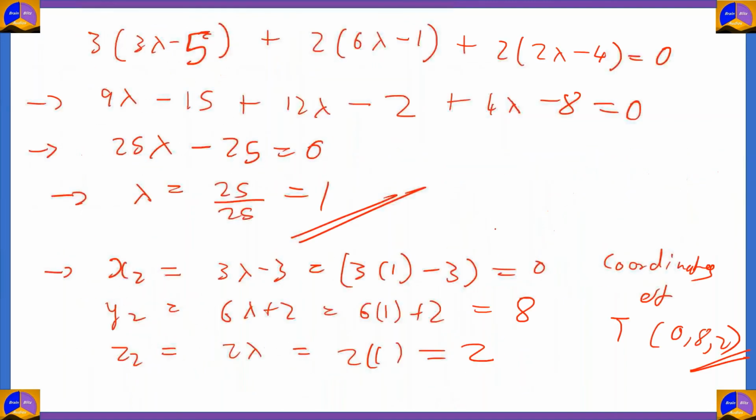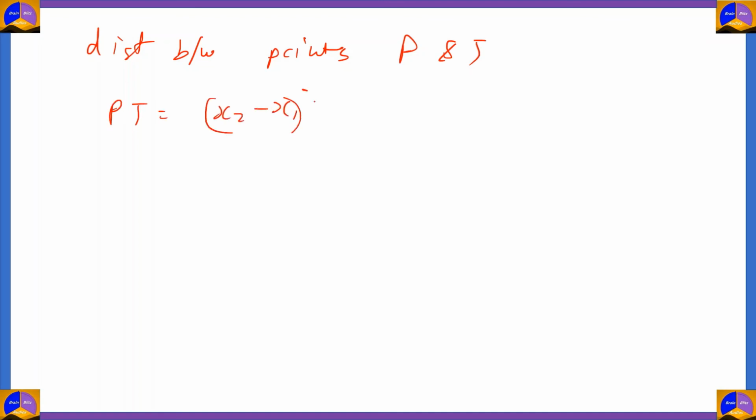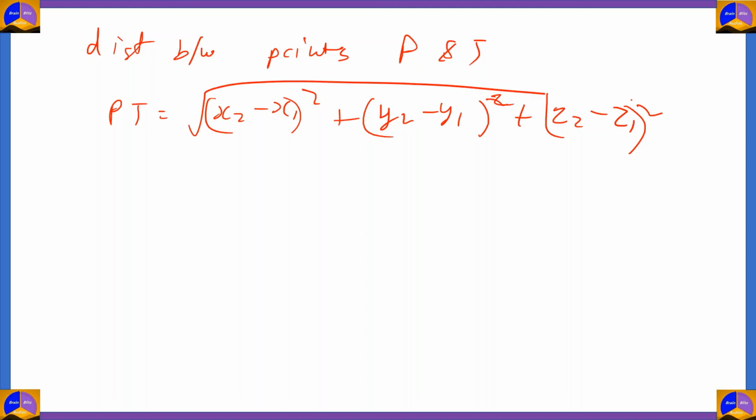So the distance will be between the points P and T. This is a simple use of the distance formula, x2 minus x1 the whole square plus y2 minus y1 the whole square plus z2 minus z1 the whole square, and put that under a root.